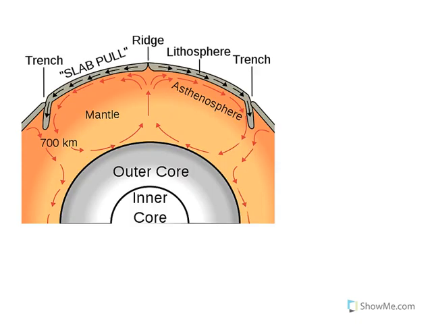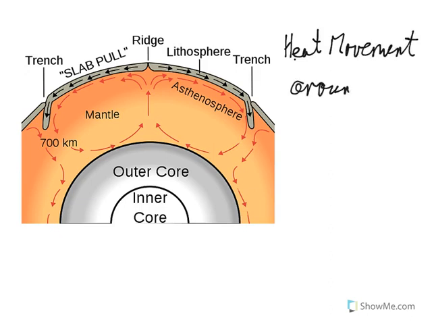Okay, now moving on to how heat moves around the Earth. Here's one of the ways. Here's the Earth itself, and we've got our inner core, our outer core, and then the mantle, which is lava and all that sort of stuff.